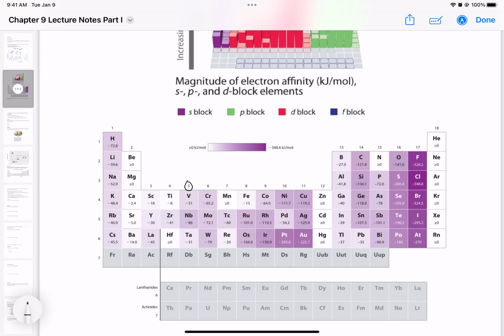But fluorine, chlorine, bromine, iodine have the highest, because they need only one more electron to get an octet. So that process is going to be very favorable. Same with hydrogen, it only needs one electron, so it has a relatively negative electron affinity, but not so much as the halogens. Okay. All right, so let's move on here.